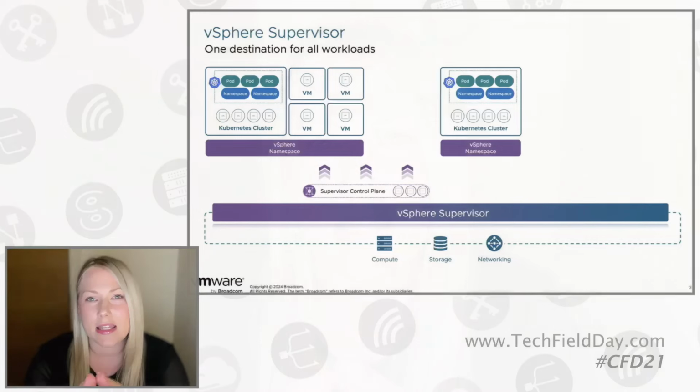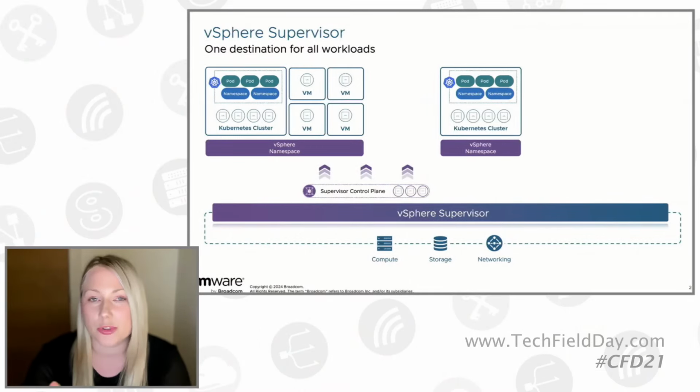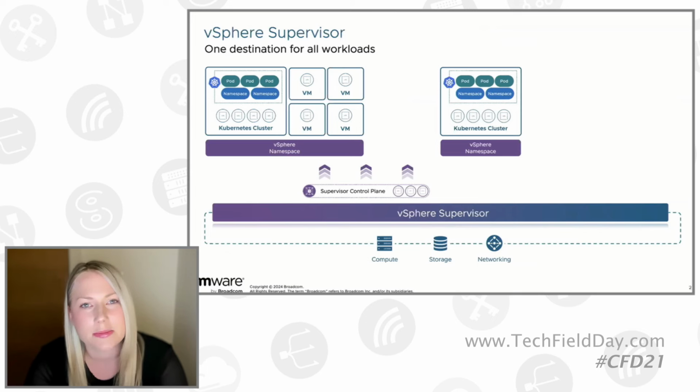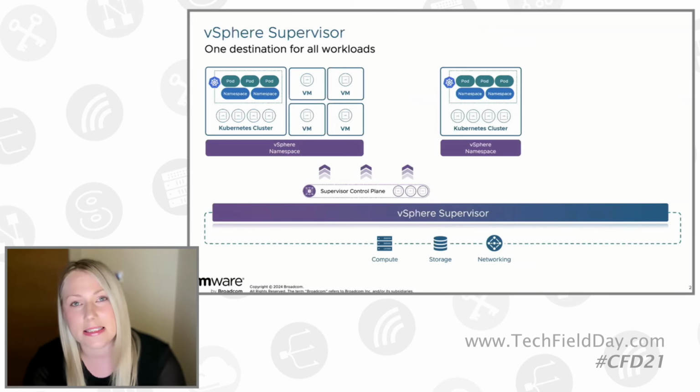Those can be any workloads, whether they want to deploy Kubernetes clusters to support their containerized workloads, or deploy virtual machines using some of these new methodologies. At the same time, we understand that customers need some resource isolation, so we give them the ability to deploy these workloads into vSphere namespaces.